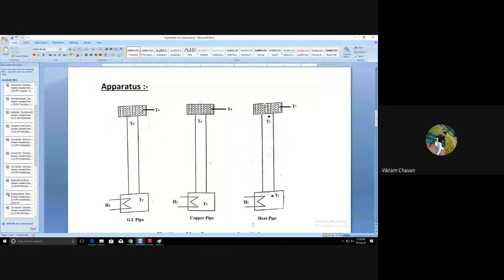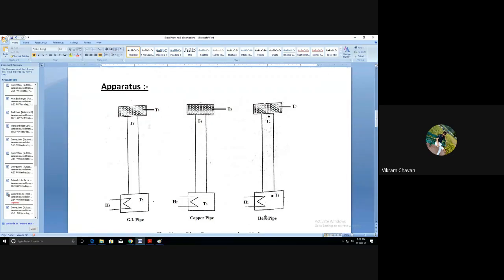We just have to take the temperatures at three different locations, and compare which pipe provides the maximum performance, or which pipe transfers the maximum heat from the source to the sink location. So the first pipe is the heat pipe.